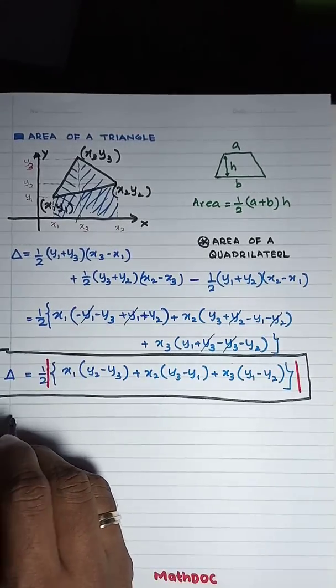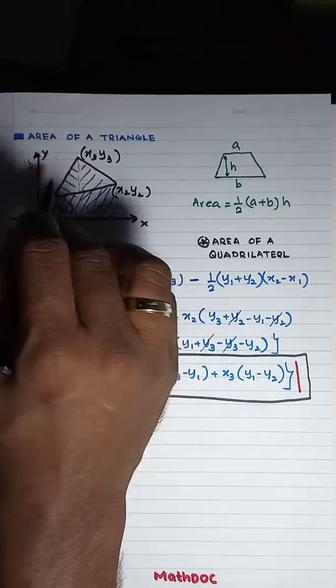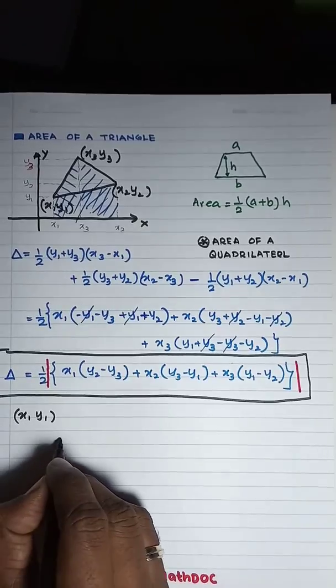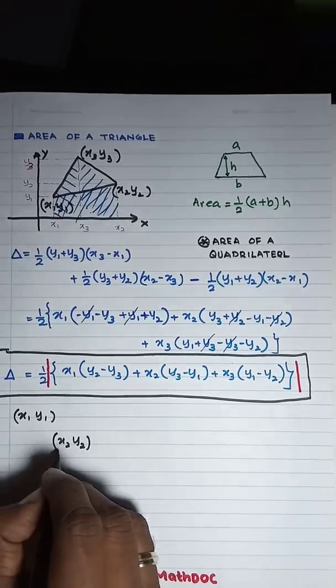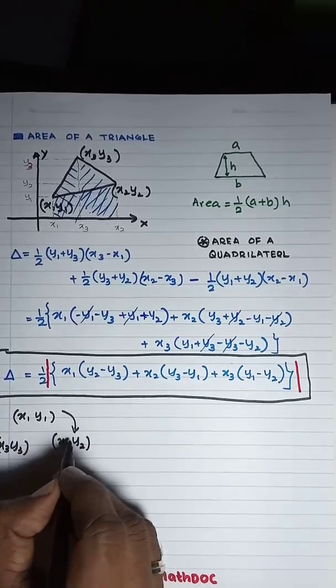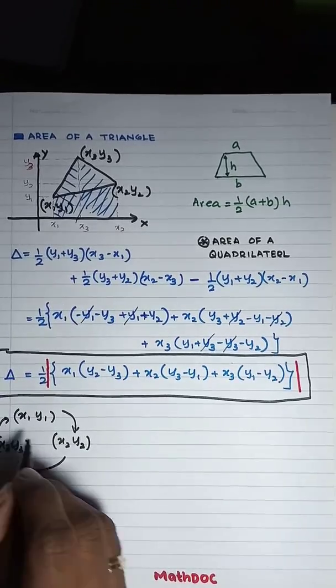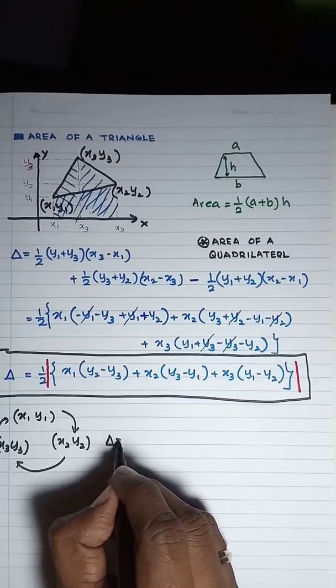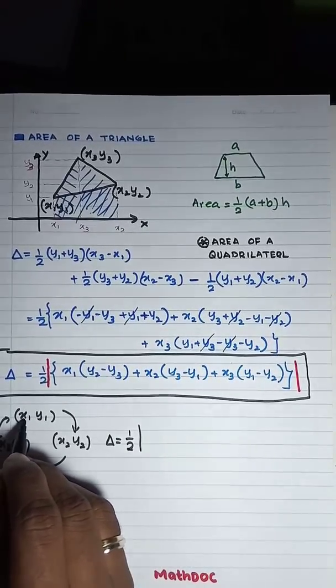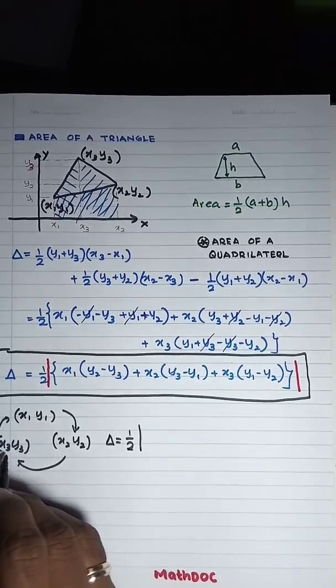To remember this easily, take these 3 points (x1, y1), (x2, y2), (x3, y3) and write them as a cycle. Then remember area equals half into modulus of x1 times (y2 minus y3).